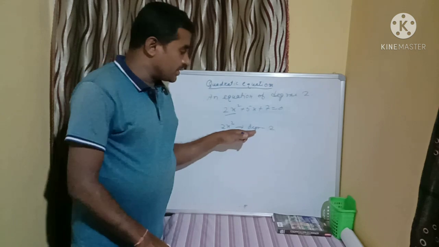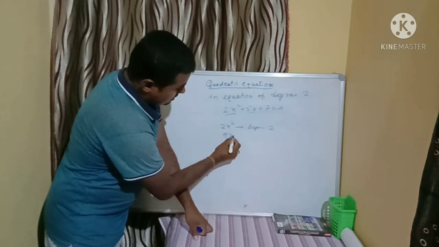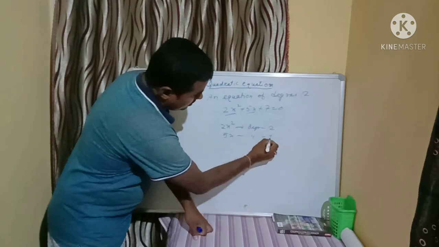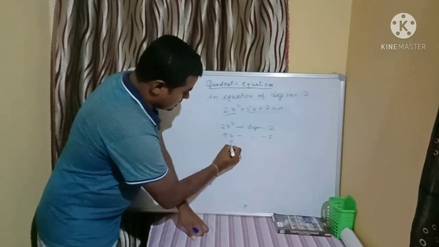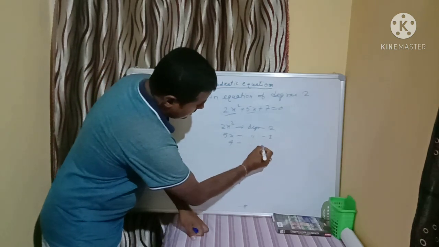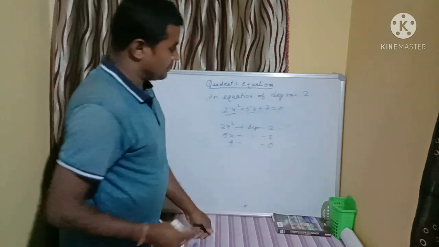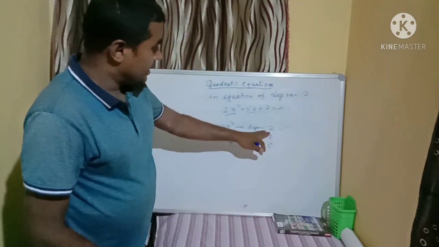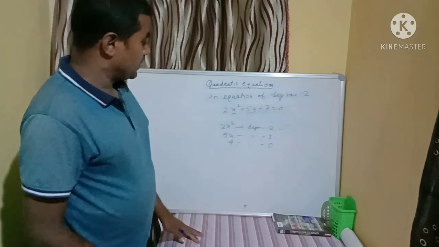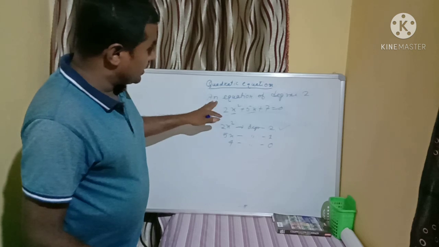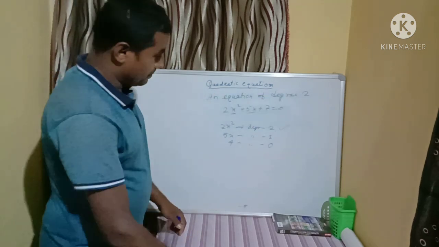The next term is 5x, degree 1. And the next term is 7, whose degree is 0. So what is the maximum degree? The maximum degree is 2, and hence this is a quadratic equation. An equation of degree 2 is called a quadratic equation.